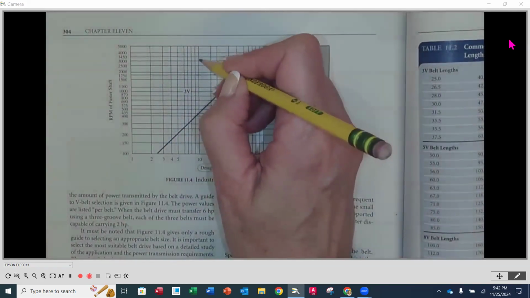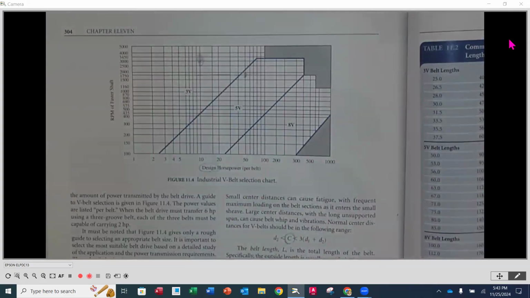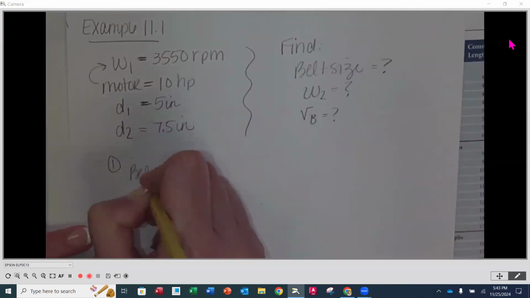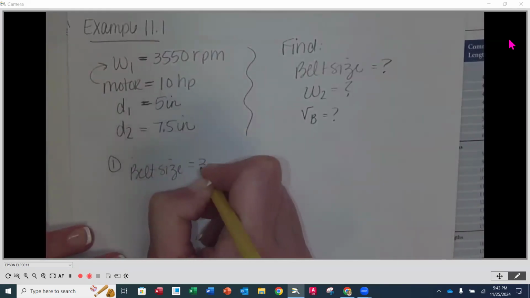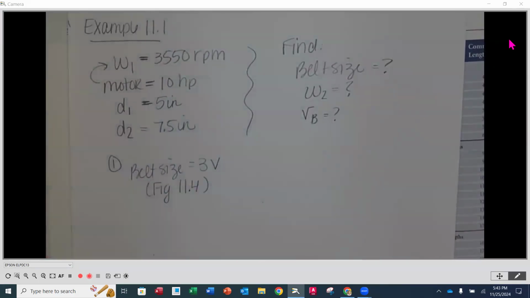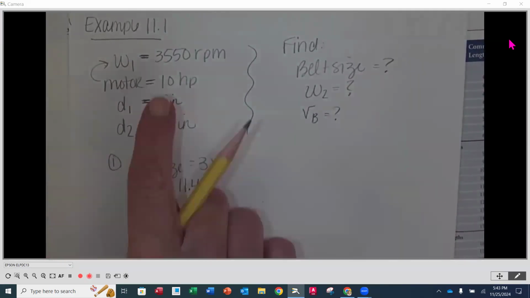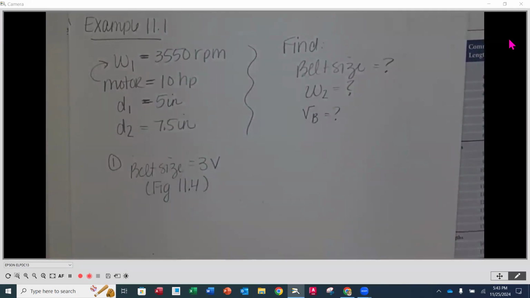Up here-ish is where we would find an intersection. As we look here, this is in the 3V belt size. So that means that's going to be the belt size appropriate for this application. So we can say belt size equals 3V, and this is from figure 11.4, utilizing the motor RPM and the horsepower. So that's going to be the size that would be appropriate.